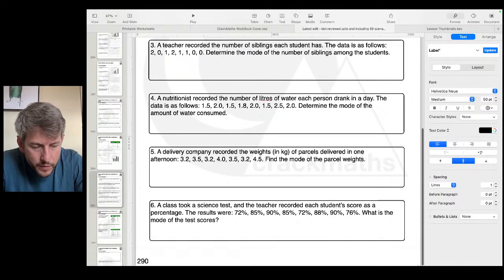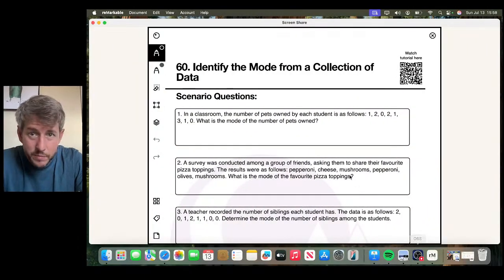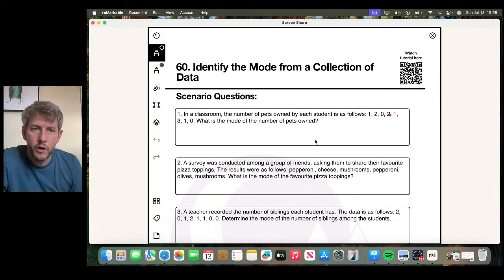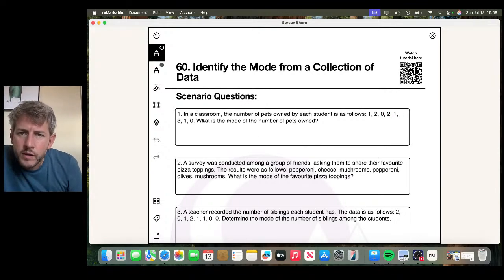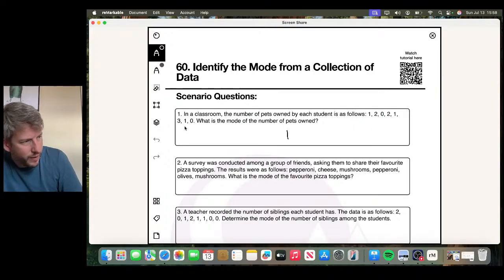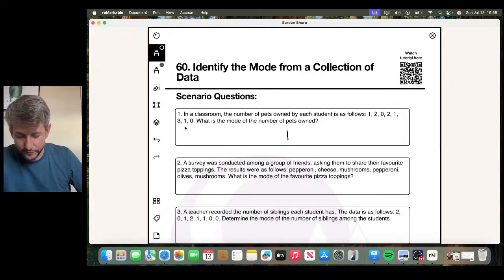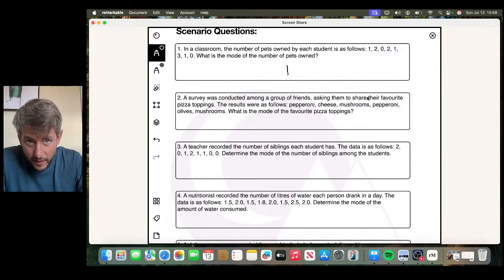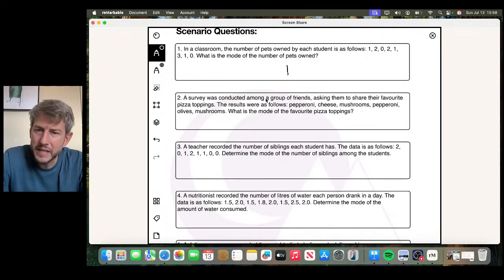Okay, so let's go back to the questions and get these marked, answered. So in a classroom, the number of pets is 1, 2, 0, 2, 1. Okay, I can see that there is 1, 2, 3 ones there, so that will be the mode for this data. Question 2. A survey was conducted among a group of friends, asking them to share their favourite pizza toppings.